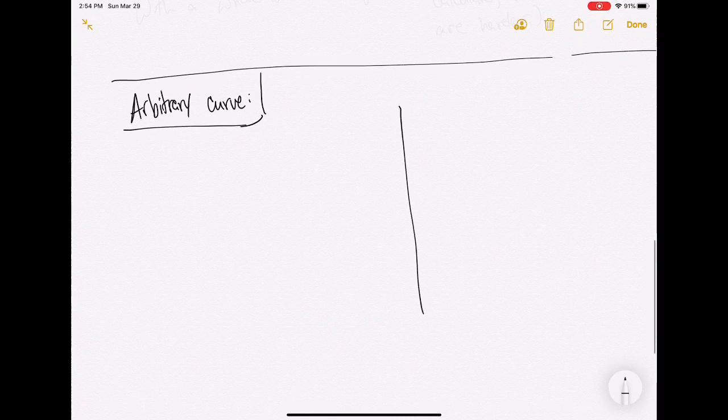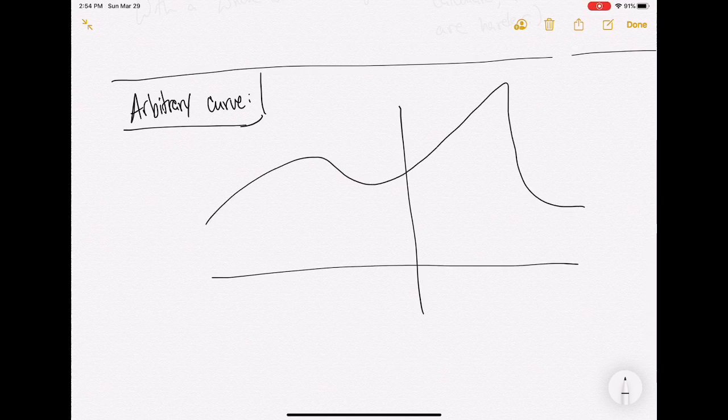Let's just do an arbitrary curve. So my arbitrary curve is going to look something like this. And let's say I'm just going to call this spot x2 and this spot x1. I'll put little dots there.